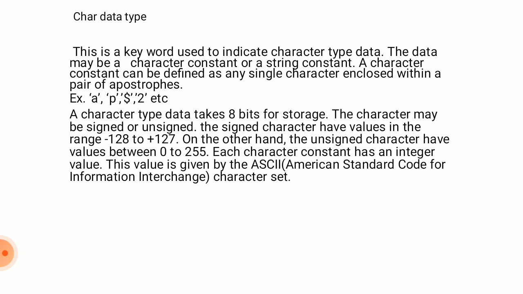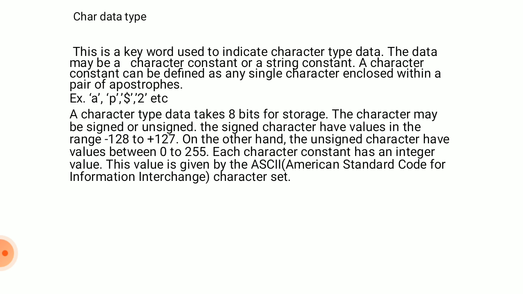And on the other hand, the unsigned character, means if it is not a signed character, it can hold values between 0 to 255, based on whether the data is signed or unsigned. If it is a signed character, then it stores -128 to +127.